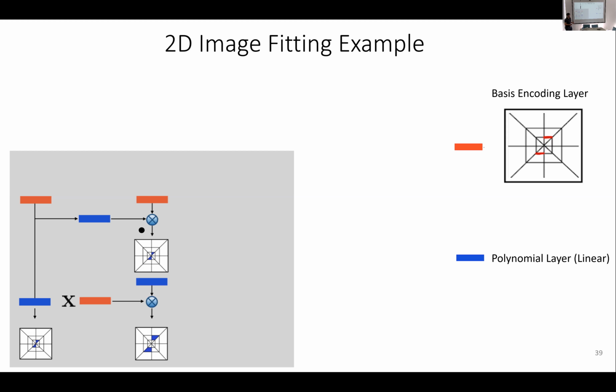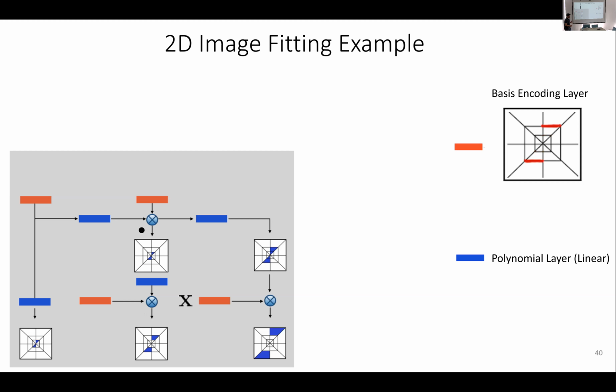Now we pass X again, but through a different basis encoding layer. These consist of a different range of functions in a different frequency band. And we can continue this way, adding more and more layers, and the output will each time be in a different frequency band.